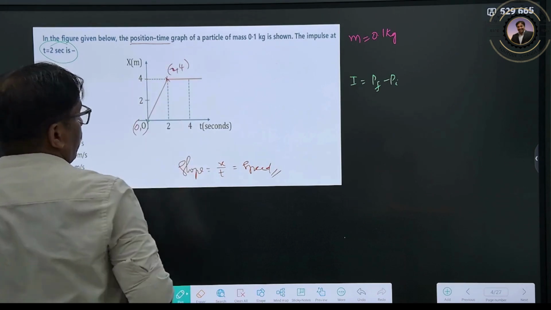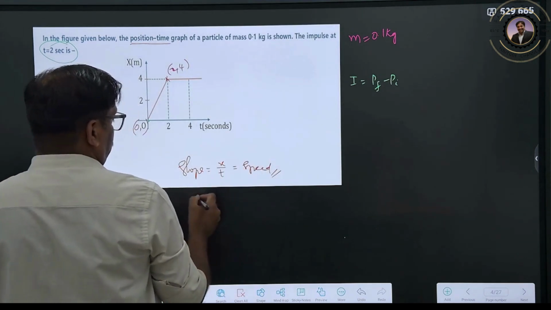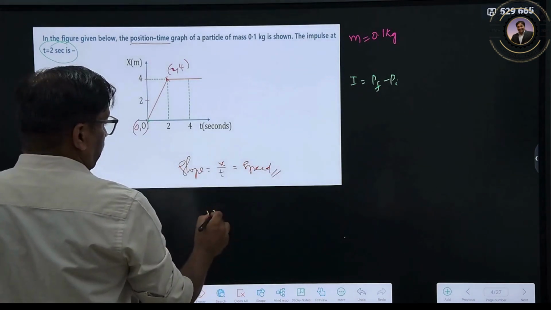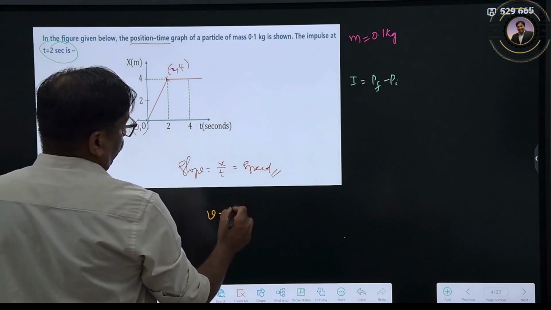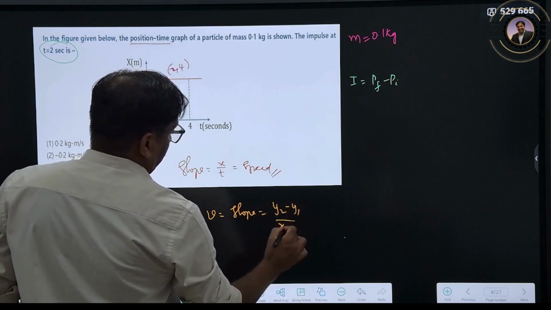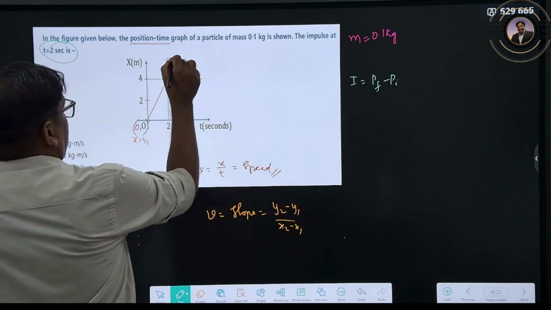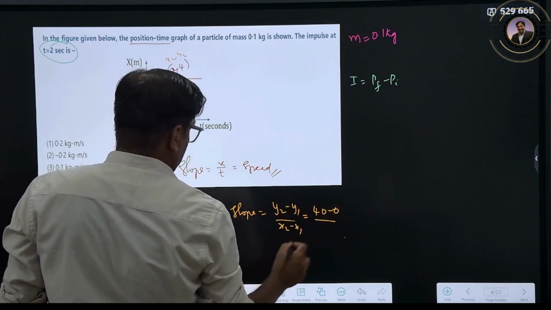Clear? Therefore, speed is nothing but the slope. Slope is y2 minus y1 by x2 minus x1. Suppose this is your x1, y1 and x2, y2. So 4 minus 0.